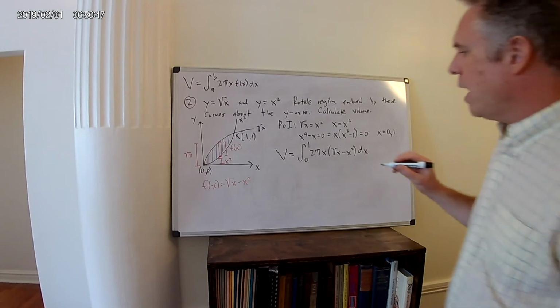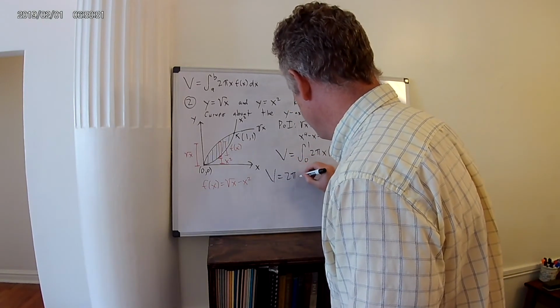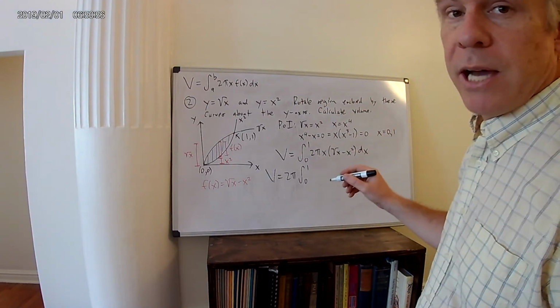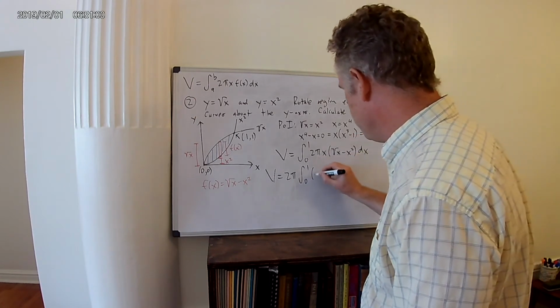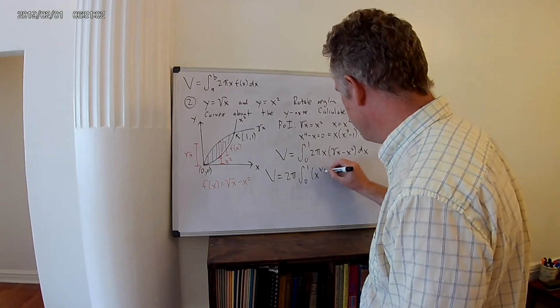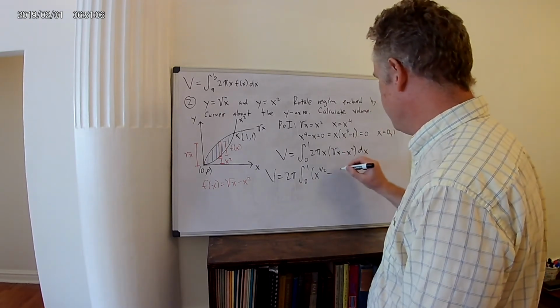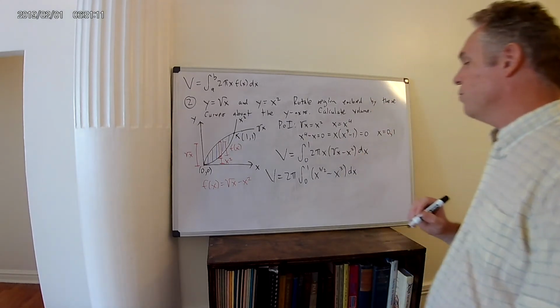And now I can evaluate this integral. I can pull out the 2 pi. I'm integrating from 0 to 1. I can distribute the x onto what's inside the parentheses. This is like an x to the 1/2, so I'm going to get x to the 3/2, right? x times x to the 1/2 is x to the 3/2. x times x squared is x cubed, dx. This is what I get.